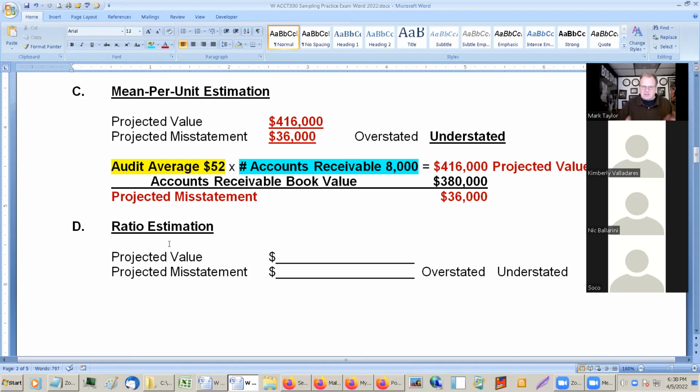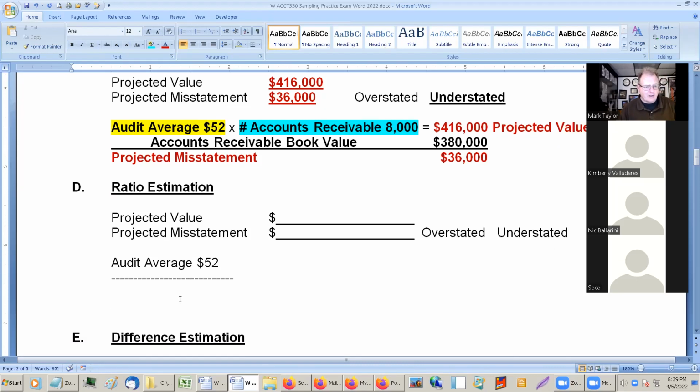So ratio estimation says large items are off by large amounts, small items off by small amounts. And I think that's probably most of the way the world is. Okay, so we're going to take our audit average and divide it by the book average.